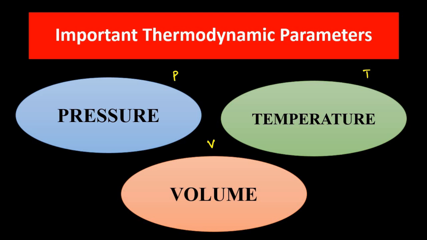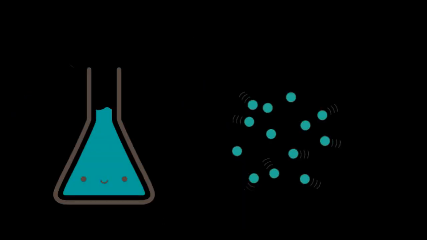Thermal means it's not only temperature, because pressure, volume and temperature are closely linked together. They're so closely connected that if we change one parameter, the other will be affected. So here we'll discuss the interrelationship between these three important thermodynamic parameters when it comes to gases.